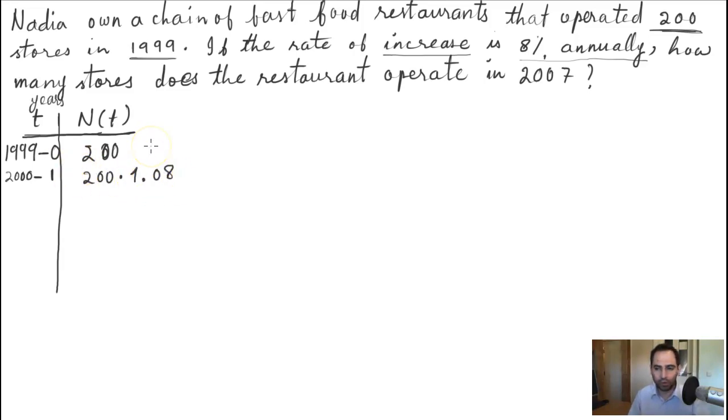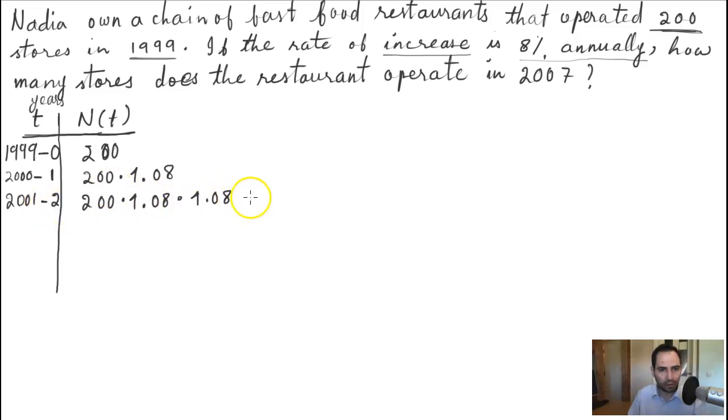I suppose you already know how I came up with 1.08, because we have done this many times in the previous videos. Then in year 2001, which is t equal to 2, you have 200 times 1.08 times 1.08.